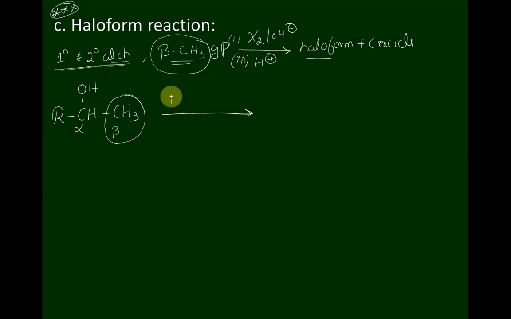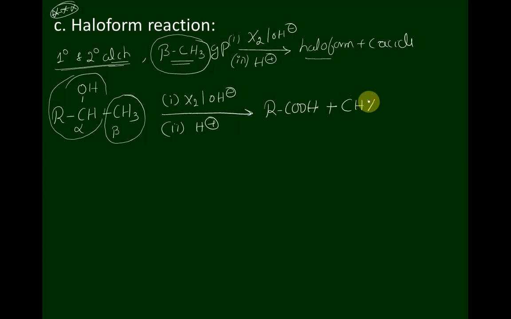First it is treated with halogen in the presence of a basic medium and then subjected to acidification. So this RCHOH group, whatever it may be, gets converted into carboxylic acid. The alpha carbon atom containing the OH group gets converted into carboxylic acid, and the beta carbon atom gets converted into haloform.